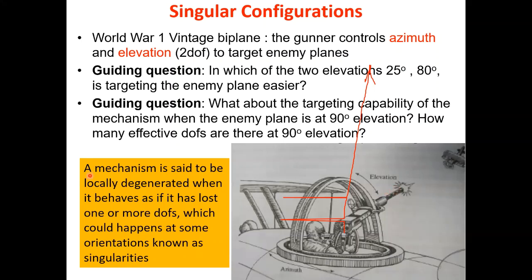So we say it like this: a mechanism is said to be locally degenerated, meaning that you're losing degrees of freedom when it behaves as if it has lost one or more degrees of freedom, which could happen at some orientations known as singularities, right? So that's the complete description of mathematical singularities.